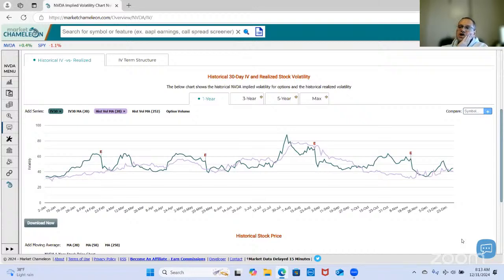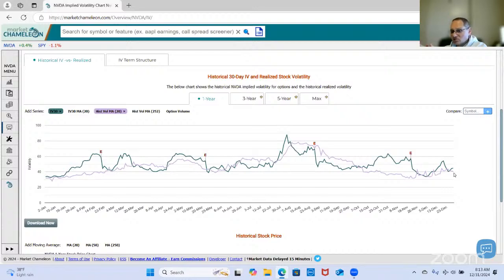The new purple line is the 20-day moving average realized volatility of the stock. The green line is the implied volatility that's derived from the option prices. Okay, so we could see here, if we come all the way to the end, the current 30-day IV is pretty close to where the last 20-day realized is.